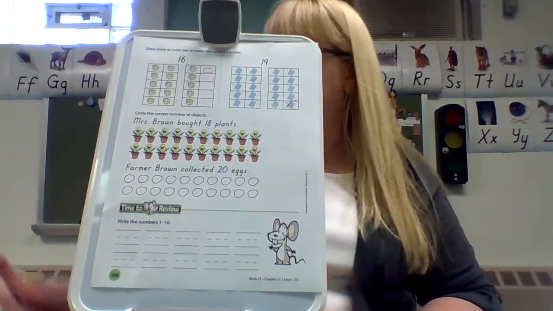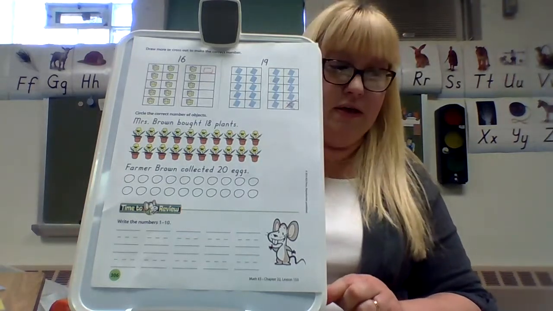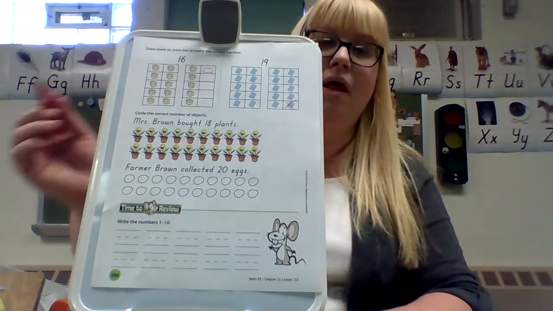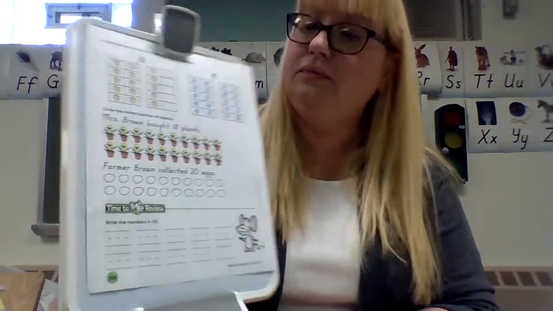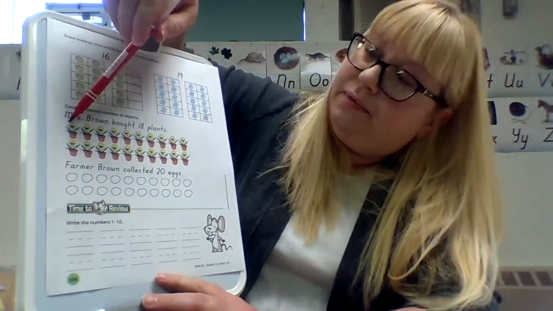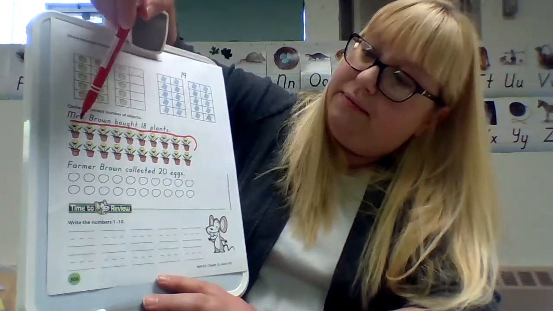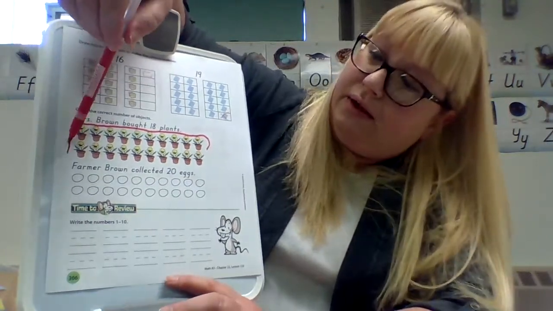I'm actually going to get my red marker out for this one since this is on the back of the page. This should help. Okay, so first draw a line across the top of here. You know you have 10 here, okay? We have 10. We're going to go down. We have 10.